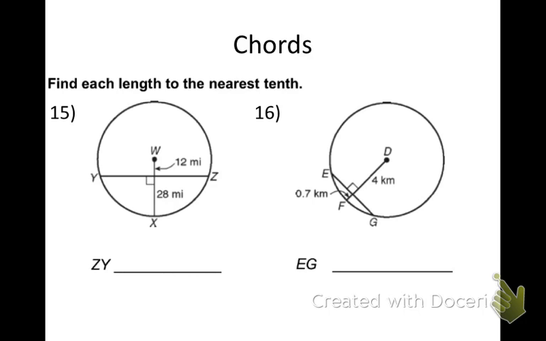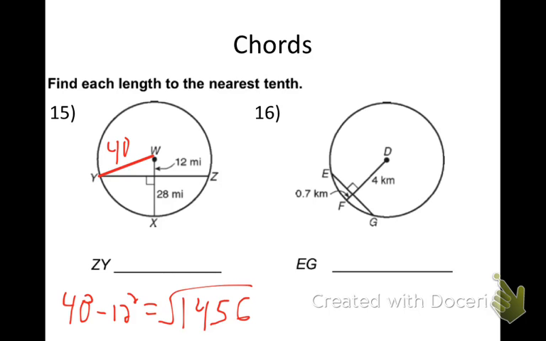Try numbers 15, 16. All right, let's go through these. Number 15. What's the radius first? The radius is 40. So then I would take 40 squared minus 12 squared. I think you end up with 1,456, and you have to take the square root of that.